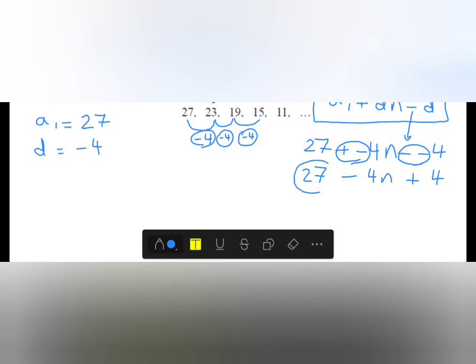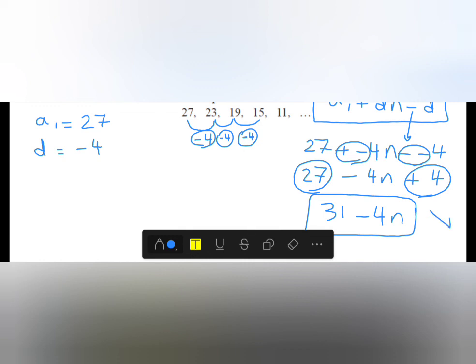We have 27 here and plus 4. So 27 plus 4 equals what? Equals 31. So it's going to be 31 and then minus 4n. And this is the nth term of this sequence. And this is how you answer a question like this.